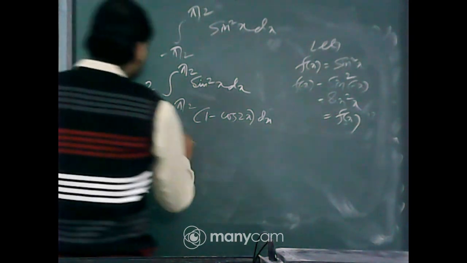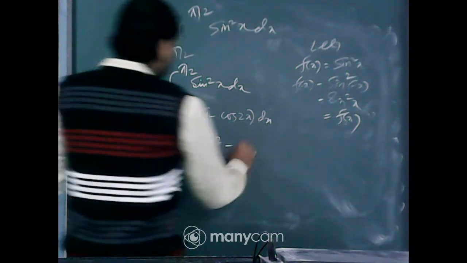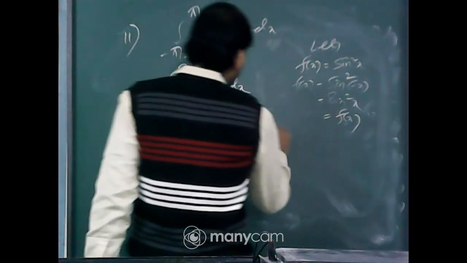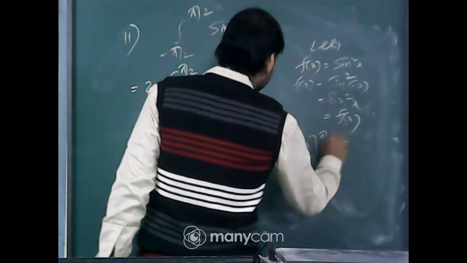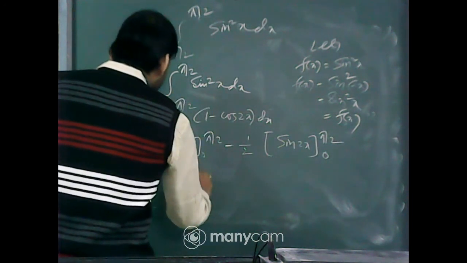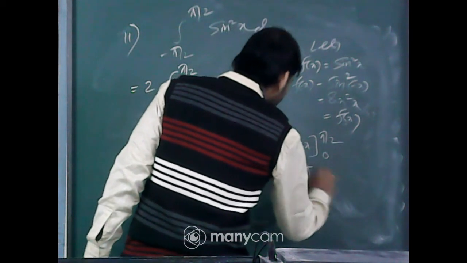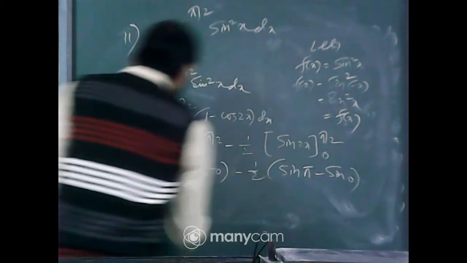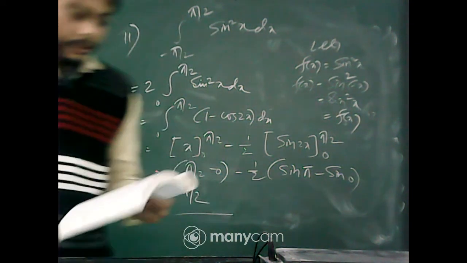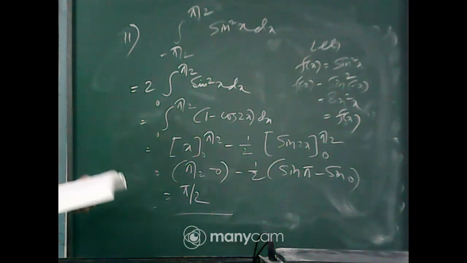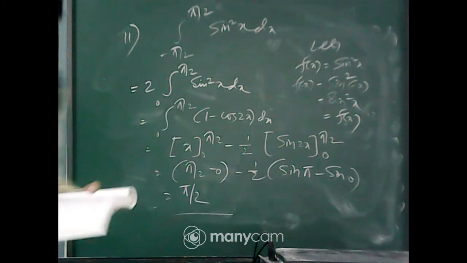Now simply integration of dx is x, limit 0 to pi by 2, minus 1 by 2 integration of cos 2x, 1 by 2 sin 2x, limit 0 to pi by 2. So pi by 2 minus 0 minus 1 by 2 (sin pi minus sin 0). That means it is simply pi by 2. Very important one. 11. Important short question.